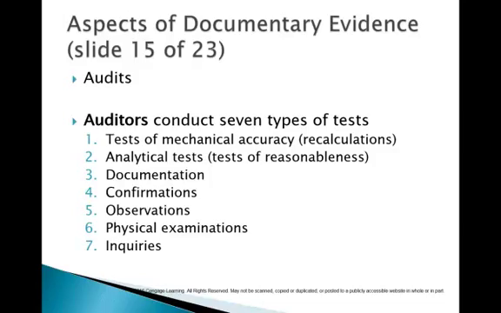That might make us suspicious that they're paying interest on liabilities that are unrecorded. So that would be an analytical test to make us suspicious that there's unrecorded liabilities. Documentation is just like we're talking about. So that's where you get journal entries and then you find the corresponding documentation.